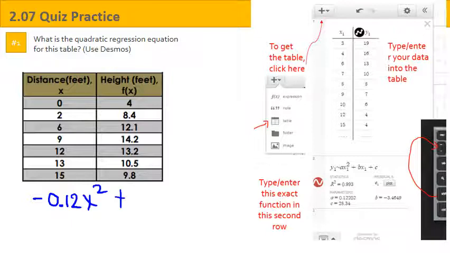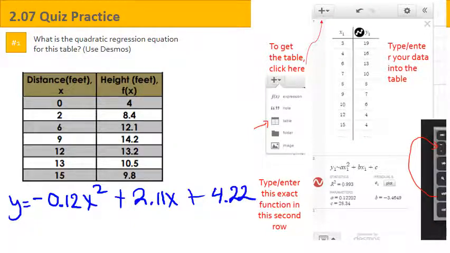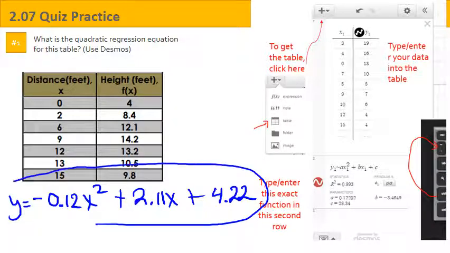And then your B was 2.11. Then your C is, you can put y or f of x. And then your C was what? 4.22. All right, so this is your regression equation for this table.